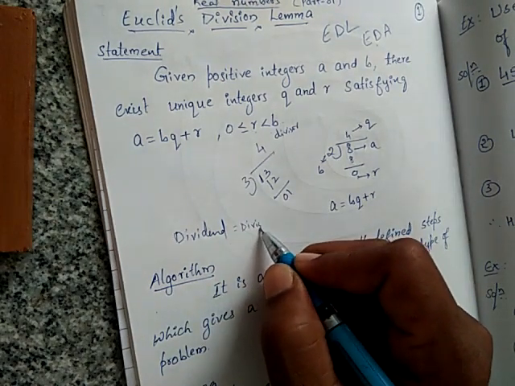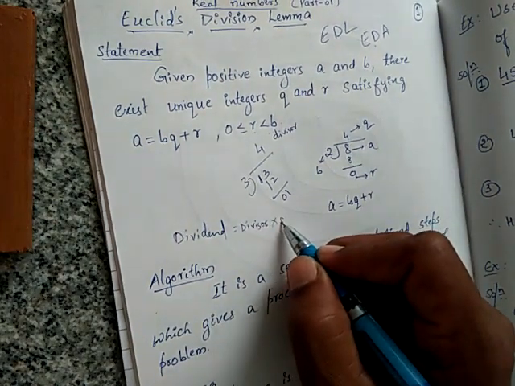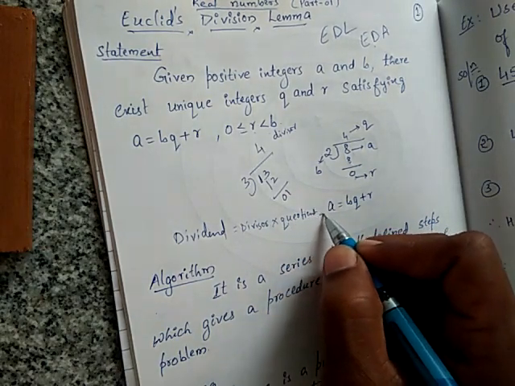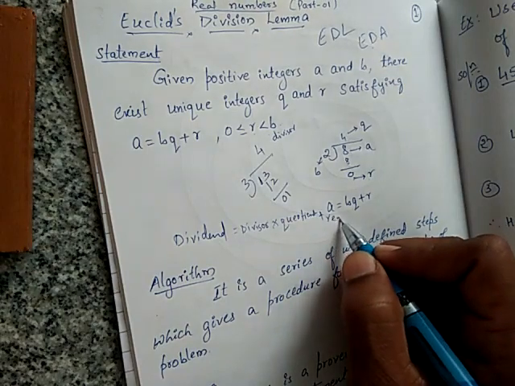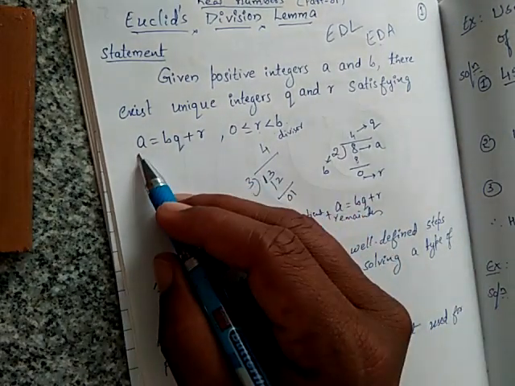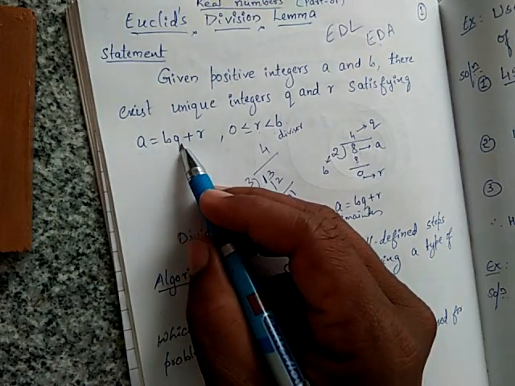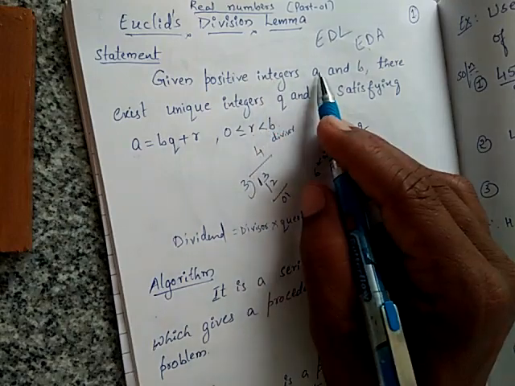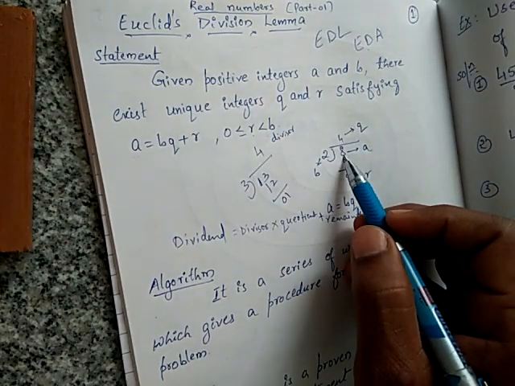As we know, dividend is equal to divisor into quotient plus remainder. In this form, a is equal to bq plus r means dividend is equal to divisor into quotient plus r. Two positive integers a and b are given, meaning a is 8 and b is 2.